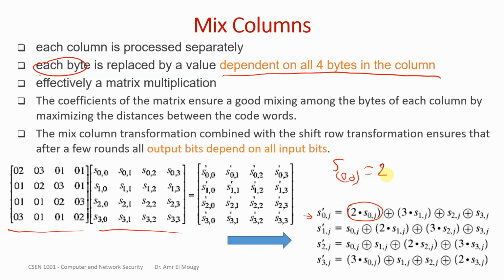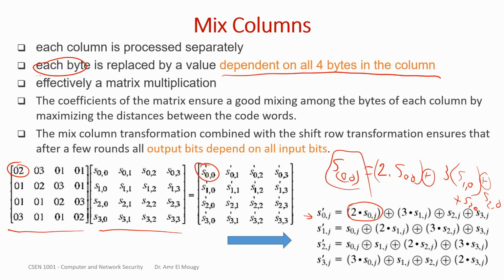This is 2, multiplied by S00, XORed with 3, multiplied by S10, XORed with S20, XORed with S30. So you see that S00 in the output depends on S00, S10, S20, and S30.